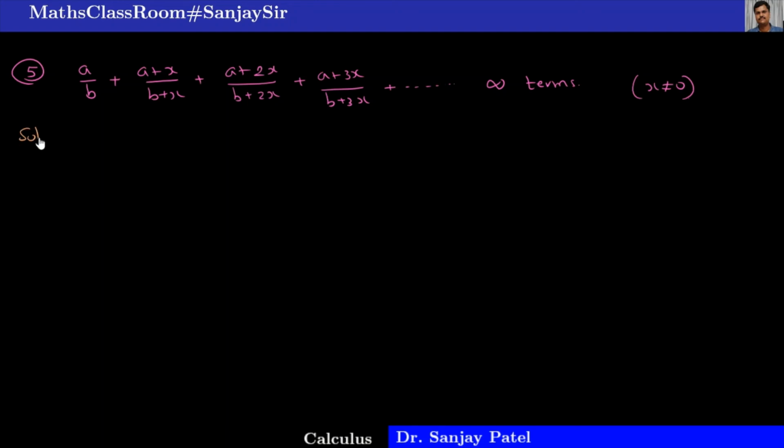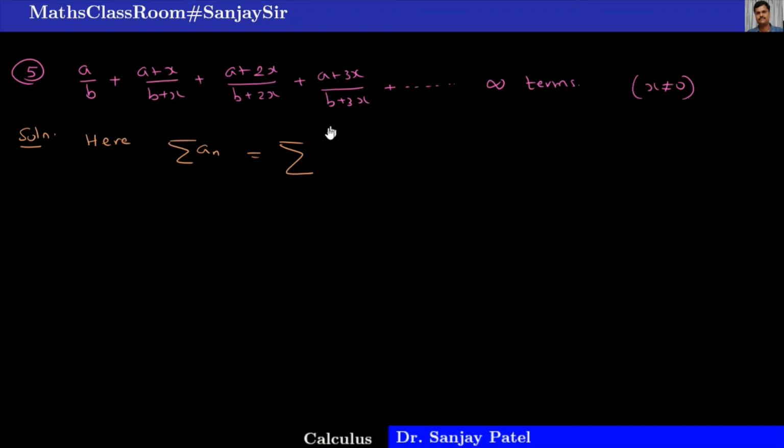So here the given series sigma an, we want to write the nth term here. You observe this is a upon b, then a upon b plus x here, then plus 2x, plus 3x. So for the first term there is no x, so it is 0x you can say, then 1x, then 2x for the third term.